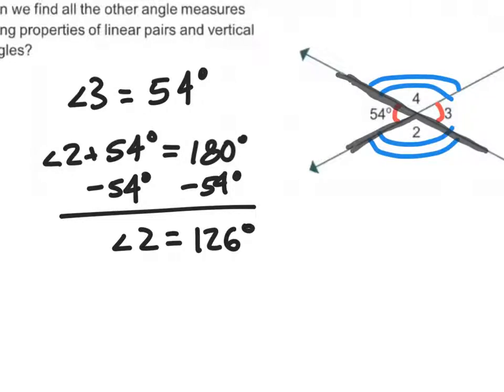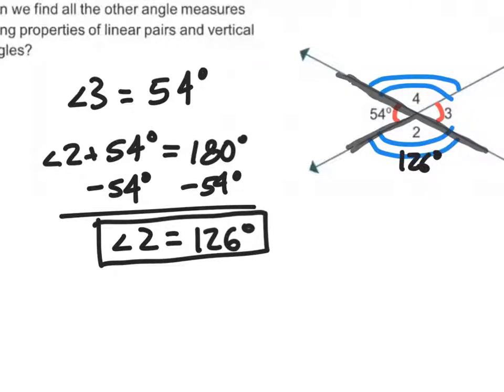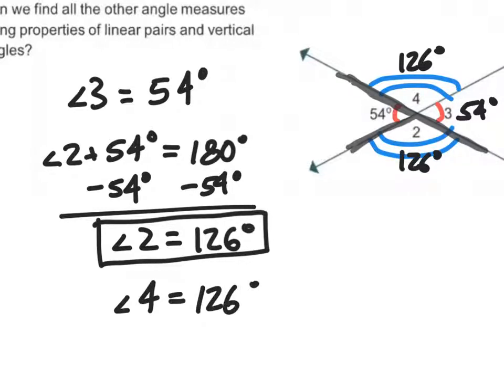Now that I've figured out that angle 2 is 126 degrees, I also know that angle 2 is congruent to angle 4. So if this is 126 degrees, then this angle here has to be 126 degrees because this is 54 degrees. So I can conclude that angle 4 is equal to 126 degrees.